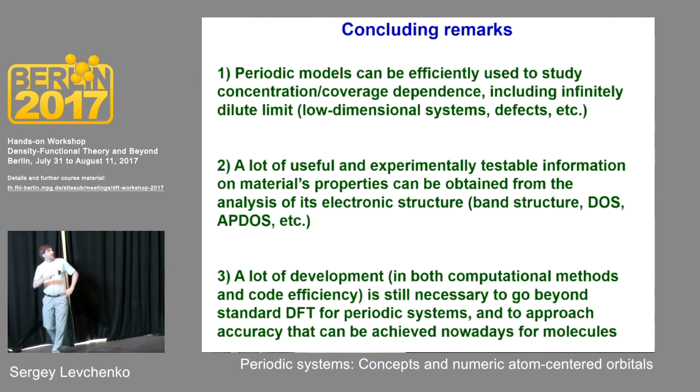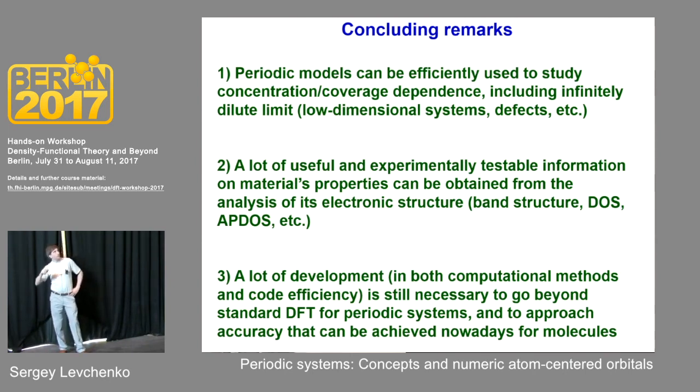So in conclusion, I have shown that periodic models can be efficiently used to study concentration and coverage dependencies by molecules or defects, including also the infinitely dilute limit by using supercells, right?